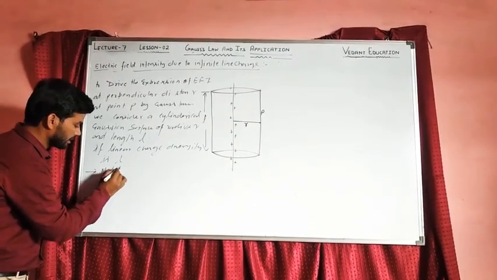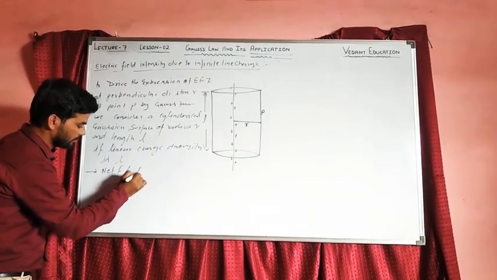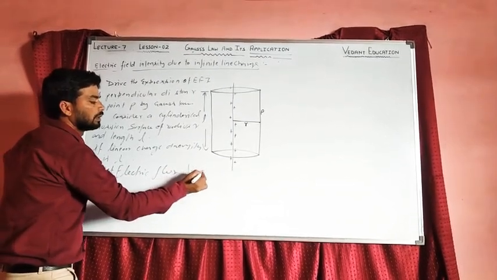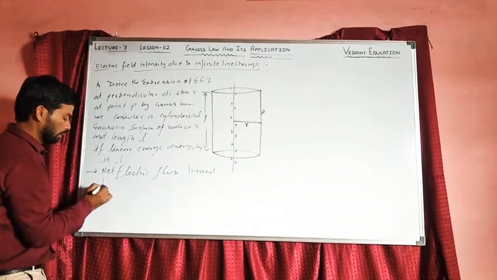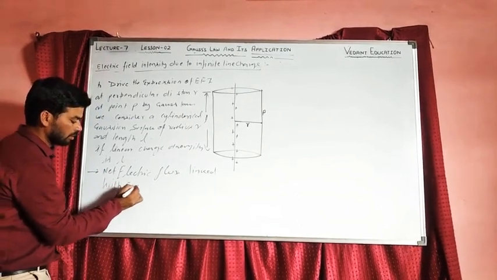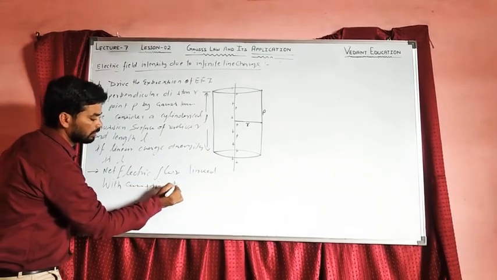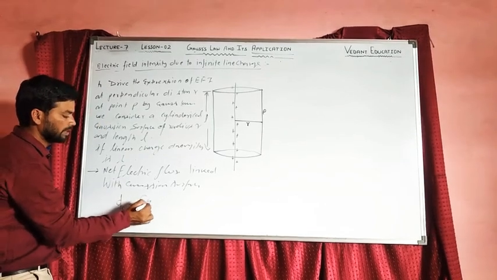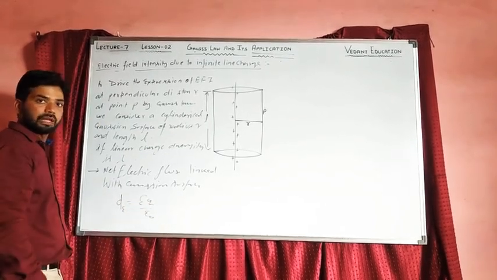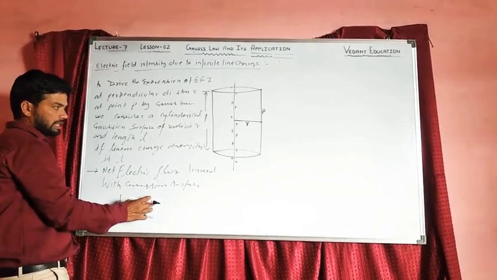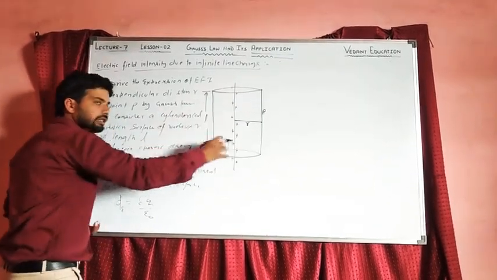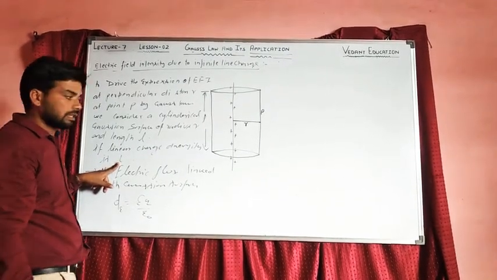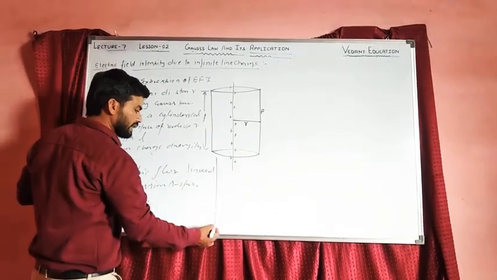the net electric flux linked with the Gaussian surface, phi, equals summation q by epsilon 0. Now, the charge enclosed by the cylindrical Gaussian surface we determine with the help of linear charge density.